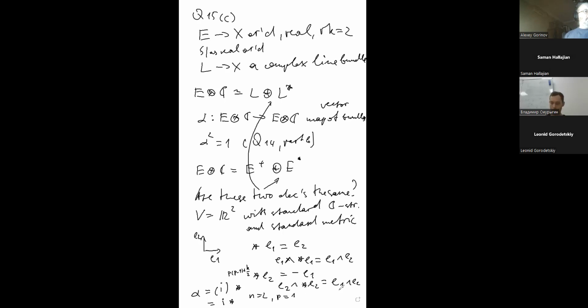Does everyone agree with this? So in particular, we see that alpha has the matrix I, 0, minus I, 0.